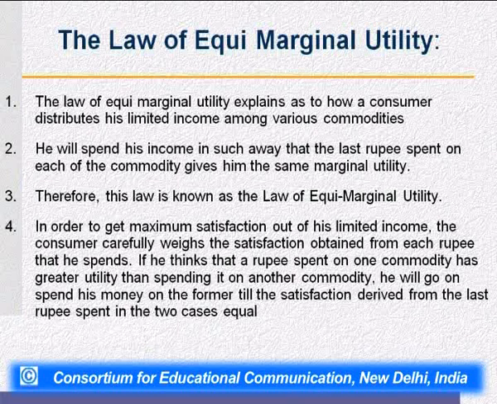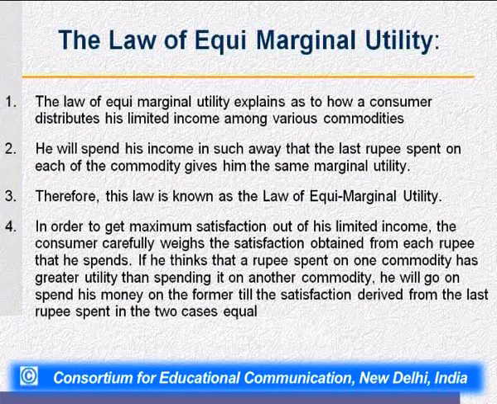The law of equi-marginal utility explains how a consumer distributes his limited income among various commodities. Suppose you have a very limited amount and you have alternatives of 2 or 4 commodities. How can you distribute your limited amount among the alternatives, and how can you get maximum satisfaction?